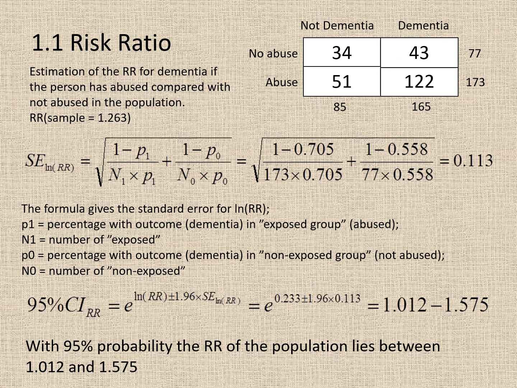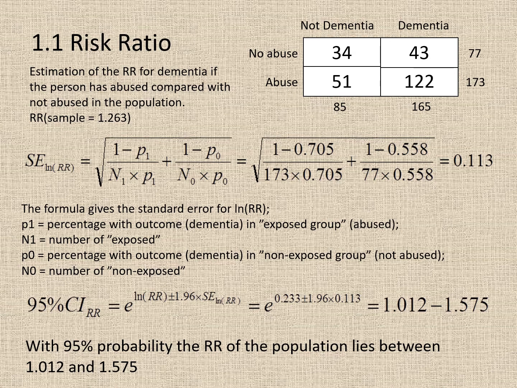With 95% probability, the risk ratio in the population is within this range. And because 1 is not within this range, we can reject the null hypothesis that the risk ratio in the population would be 1. So we say in the population there is an association between abuse and the risk for dementia.